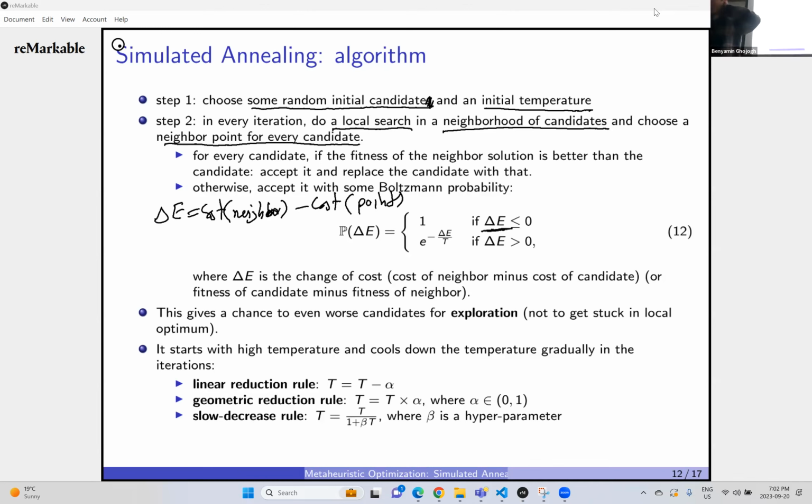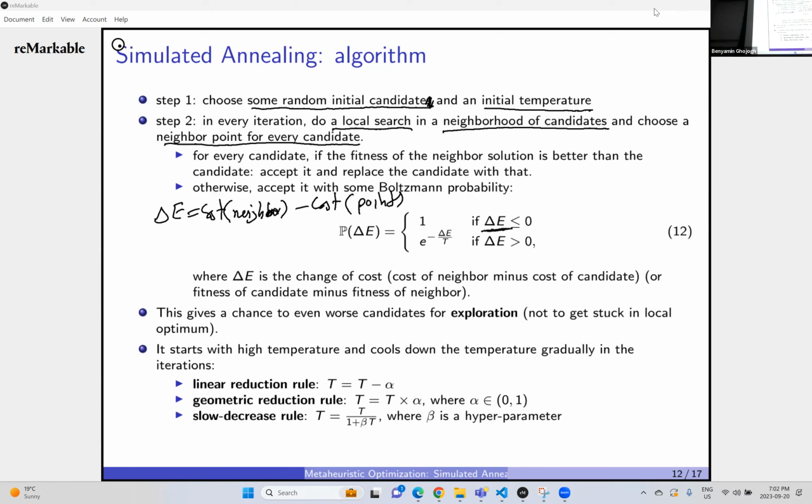Do you agree that if delta E becomes less than 0, is it better or is it worse? If delta E becomes less than 0, what happens? What does it mean? It means that the cost of neighbor is less than the cost of myself. Am I right? So delta E is the cost of neighbor minus my cost.